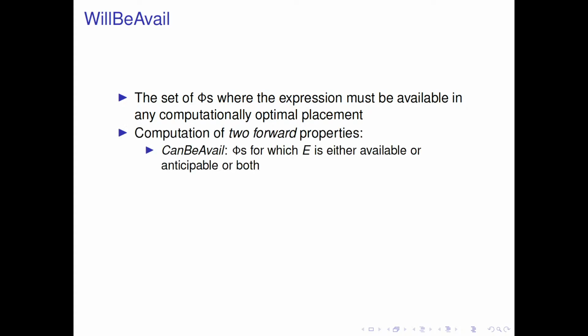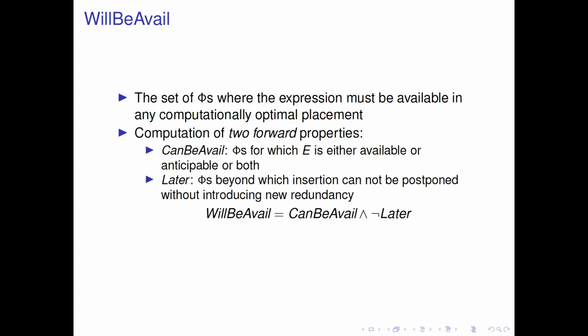So you have to compute two forward properties: can be available, the phi's for which E is either available or anticipable or both, and then later, the phi's beyond which insertion can be postponed without introducing new redundancy. The idea is to find the optimal placement of newly inserted computation. That itself is broken into two points.